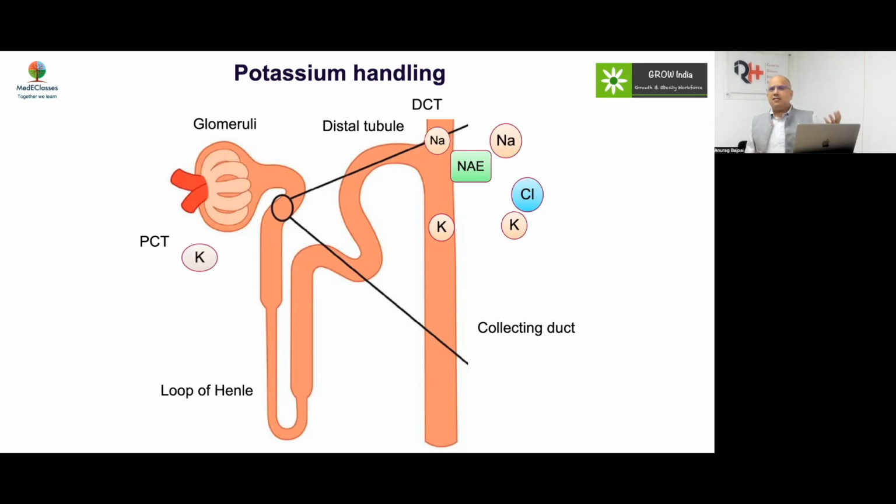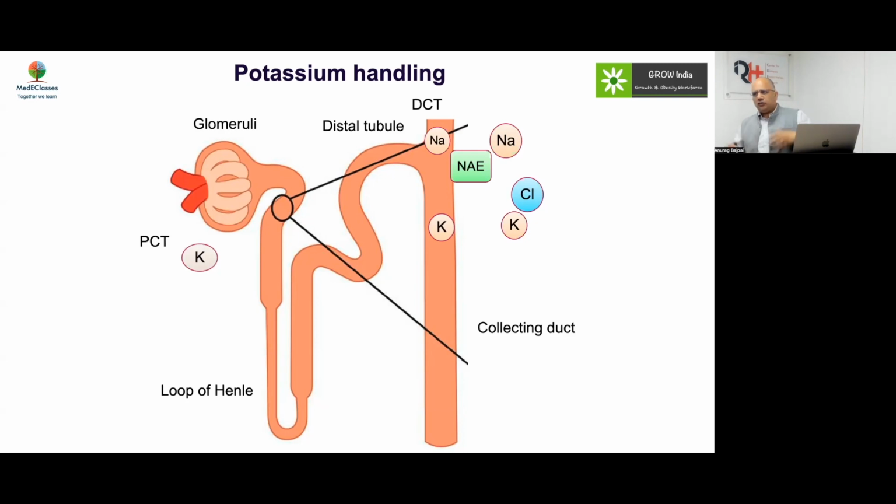So if you have, let's say, somebody who has RTA, you give them soda bicarbonate, what will happen? With this bicarbonate, we are delivering more sodium to the distal tubule, and it worsens the hypokalemia. So if you are giving sodium here, you will have exchange here.